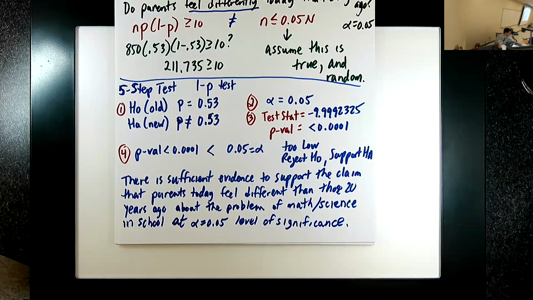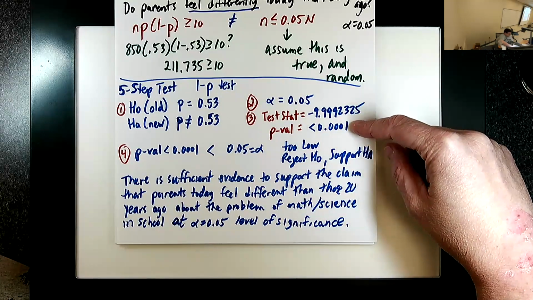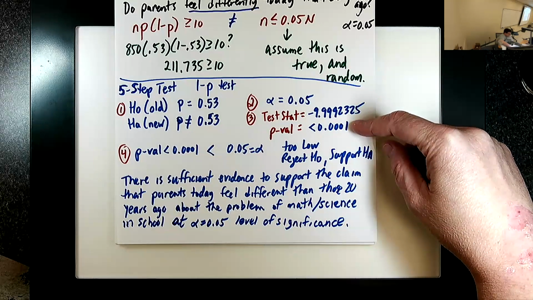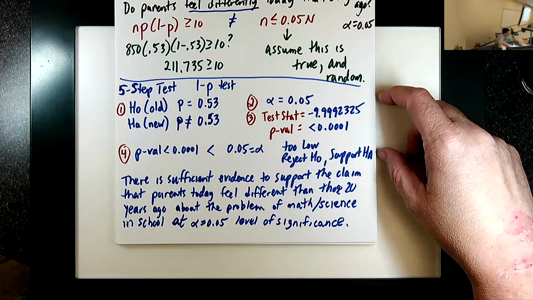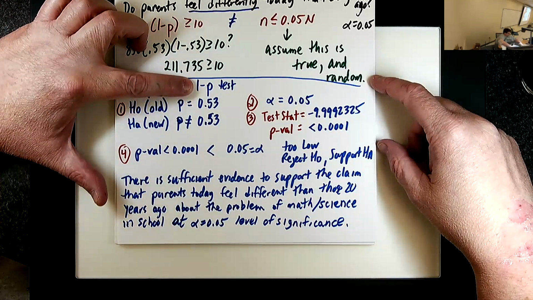If this was my question on the test, this is what I'm expecting to see you put. You will be given the information from 3. First, you're going to tell me what kind of test it is. It's a one proportion test.